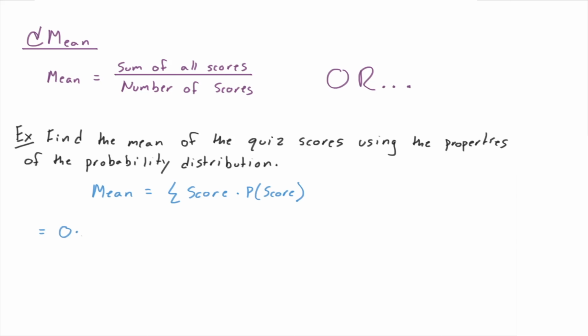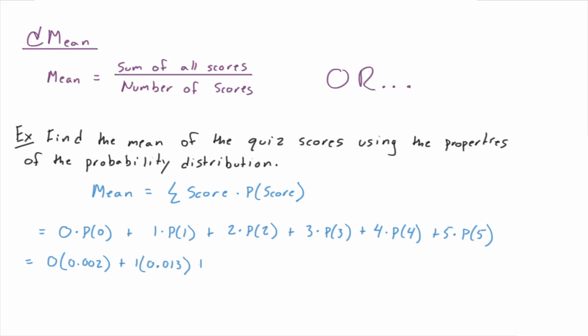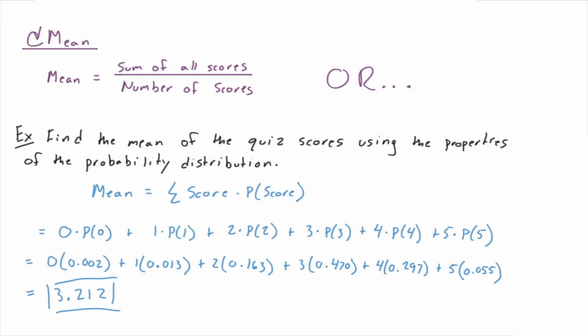So 0 times the probability of 0, plus 1 times the probability of 1, 2 times the probability of 2, and all the way up to 5 times the probability of 5. If we do that here, plugging in the probabilities for each that we calculated earlier, we get a sum of 3.212. So our average score on the quiz was 3.212.